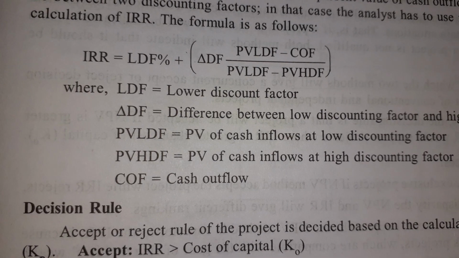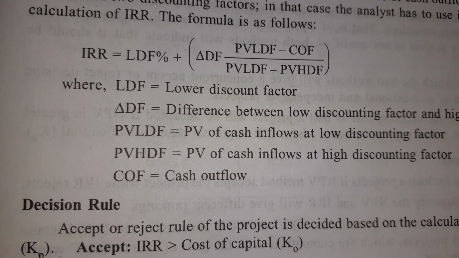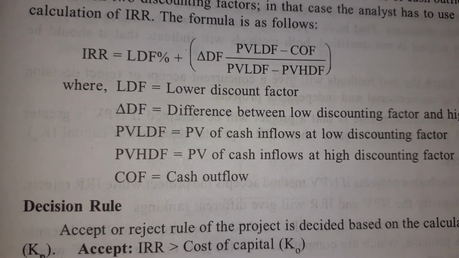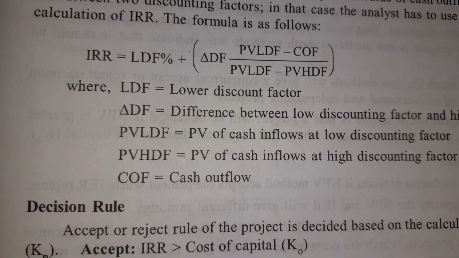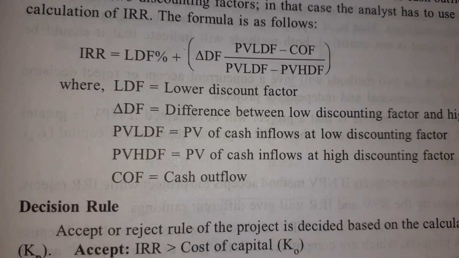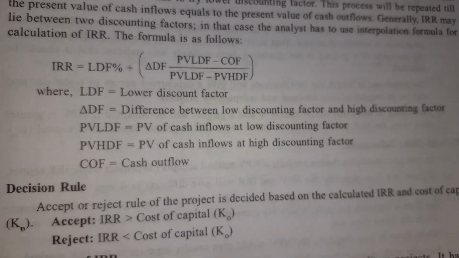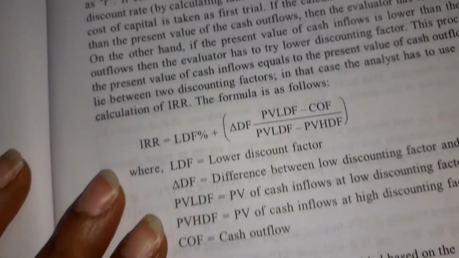PV LDF stands for present value of lower discount factor, HDF stands for higher discount factor, COF stands for cash outflow, and delta DF is nothing but the difference between the lower discounting factor and the higher discounting factor.